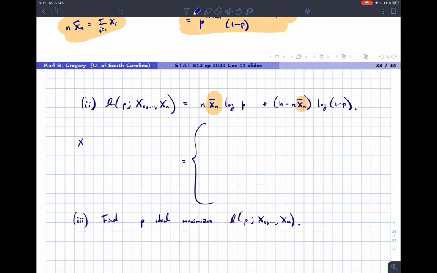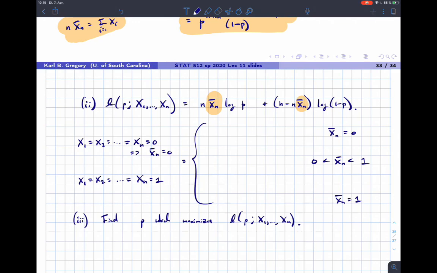I could get a sample where all the values are 0, in which case the mean of the x's would be 0. And it's also possible that I could get a sample full of 1s so that I get no 0s. In that case, the mean would be 1. And the other cases would be where x bar is between 0 and 1.